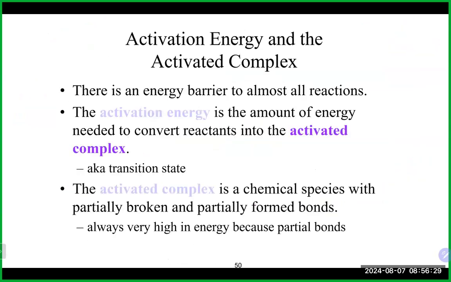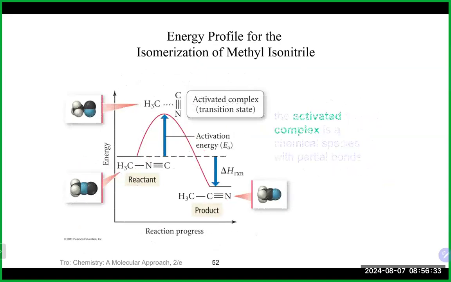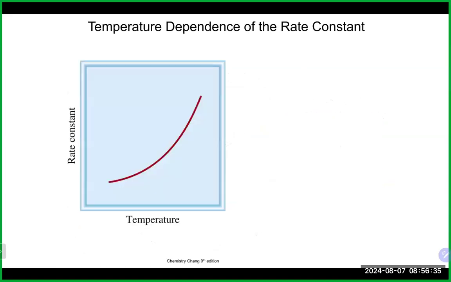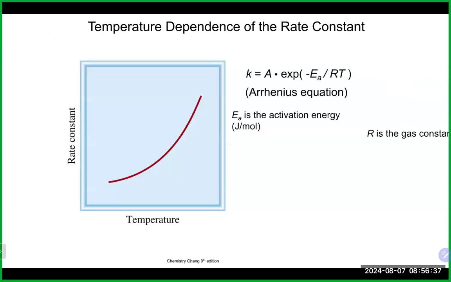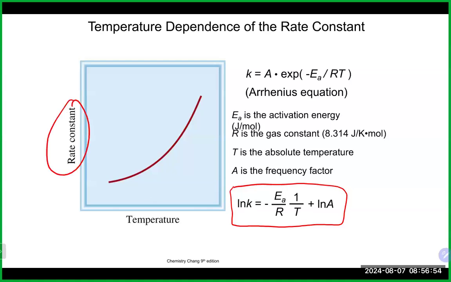There is what is referred to as the Arrhenius equation, which is the equation that relates temperature to our rate constant. There are two versions of the Arrhenius equation that you sometimes come across. This is the graphical version. What we see here, in terms of temperature and the rate constant, is what we talked about.